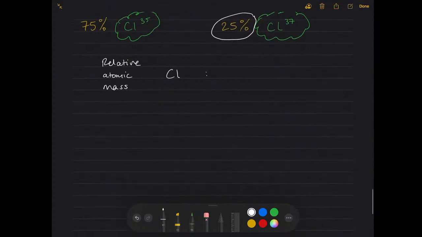Now, the formula to calculate relative atomic mass is quite a neat one. You take the mass of isotope 1 and multiply it by the percentage abundance, i.e. how much of it there is.